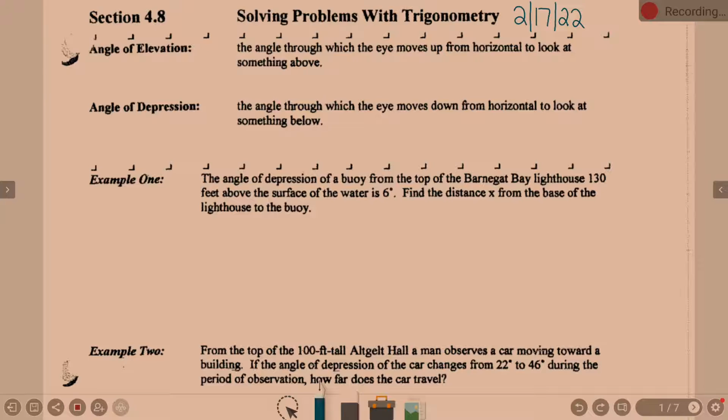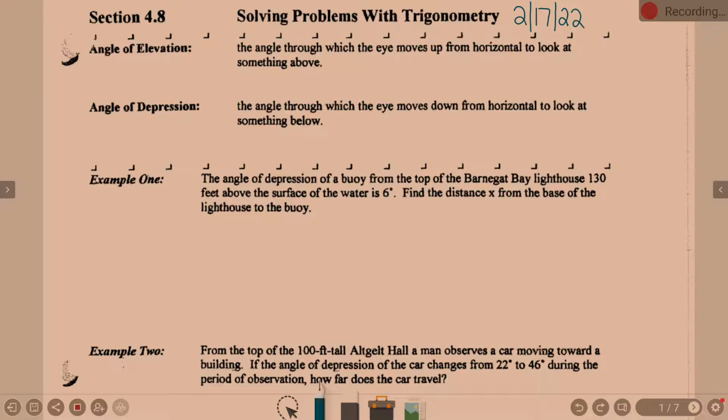Angle of depression: the angle through which the eye moves down from the horizontal to look at something below. That's more of I'm standing on top of a building and I'm looking at something at ground level. So that is the difference between looking straight out and the angle of me looking down at a car on the ground or something. Just good vocabulary to be familiar with.